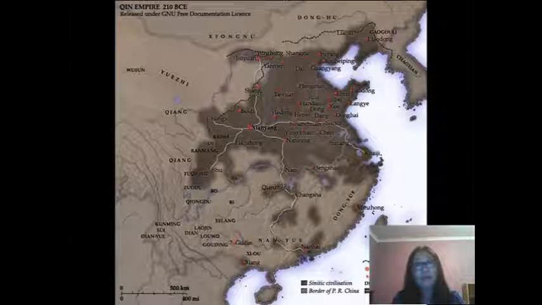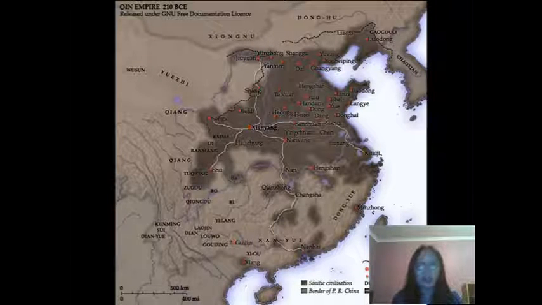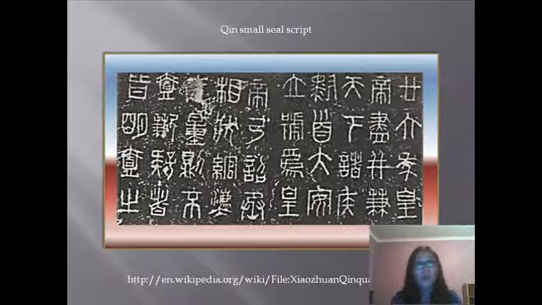And these different states had different writing scripts. In Qin state, they used this small seal script. It is named that because today we use it in seals. And what Qin Shi Huang did was make the Qin small seal script the only writing script within the whole country.